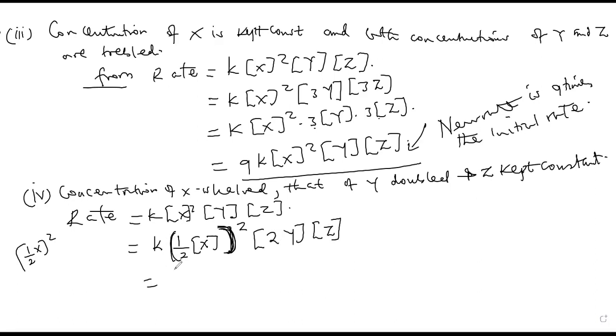So it is going to be a quarter outside. Let me put a quarter k X squared. Why a quarter k? Because this square will square the half.